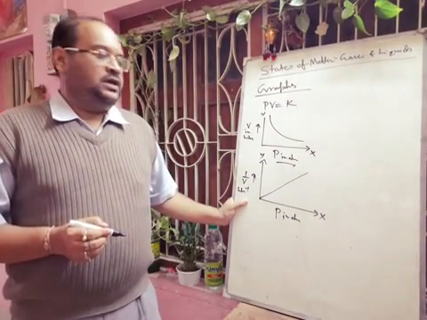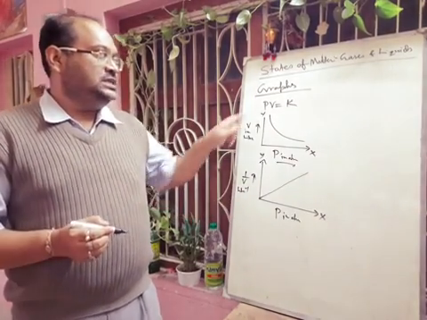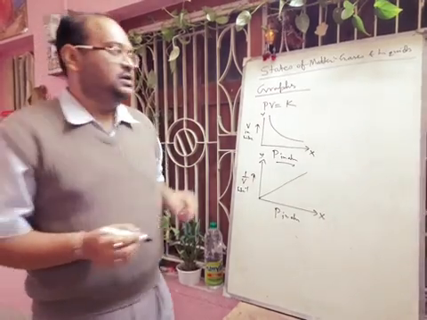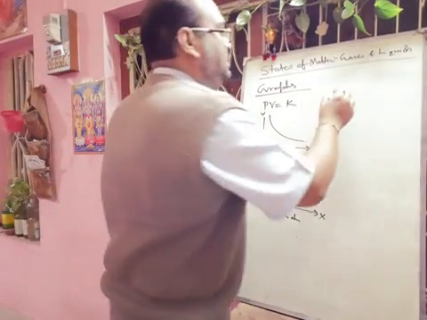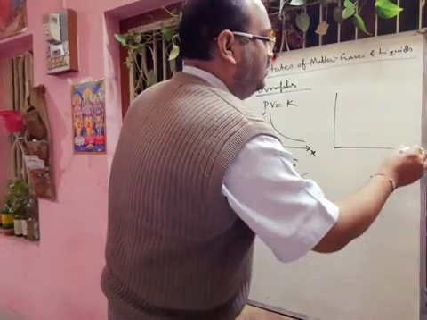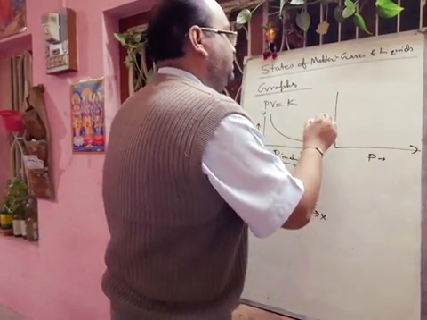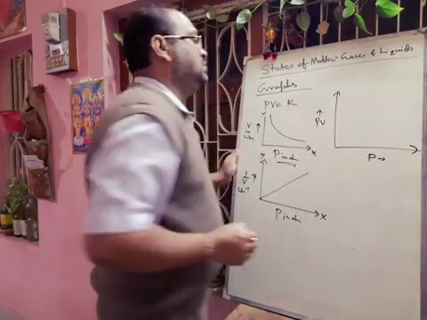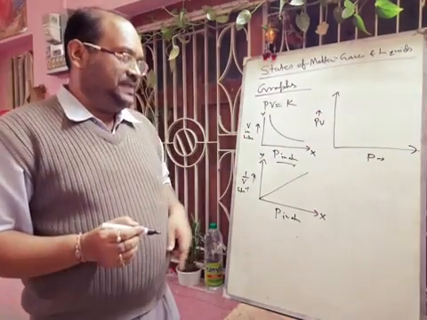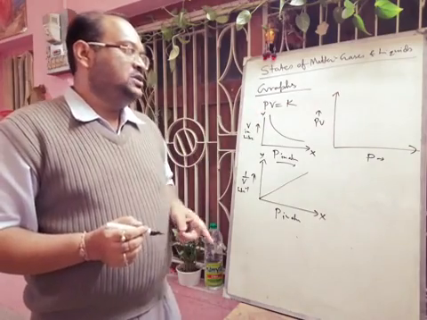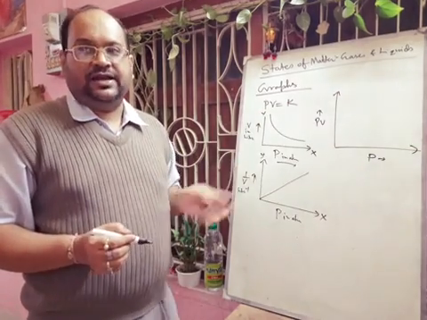And another, since PV is equal to constant, if we plot the PV versus P curve, along the x-axis we put pressure and along the y-axis PV. Here temperature is fixed and n is also fixed. So at different temperatures we will get different curves.